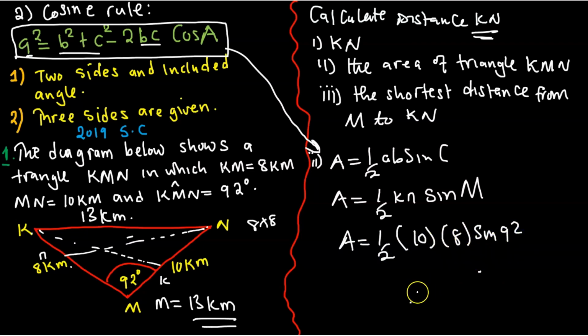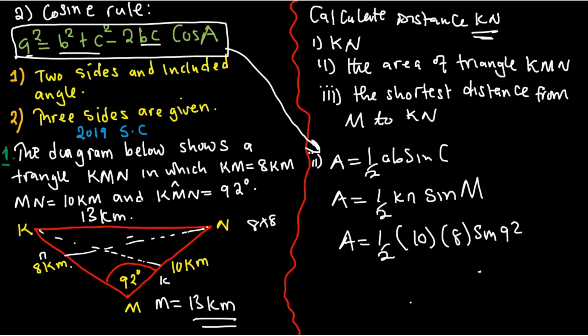If you multiply these, you are going to find what? So let us just multiply 8 times 10 sine 92, then divide 2. Okay.